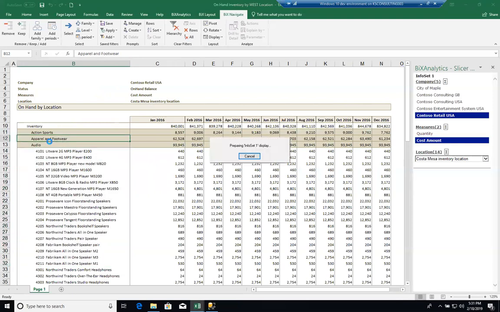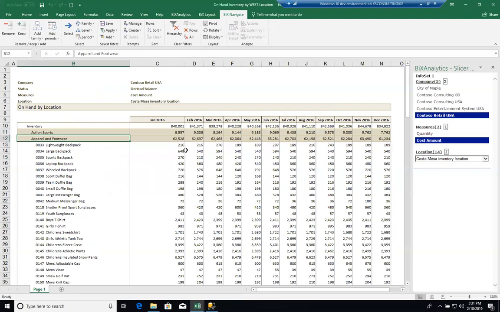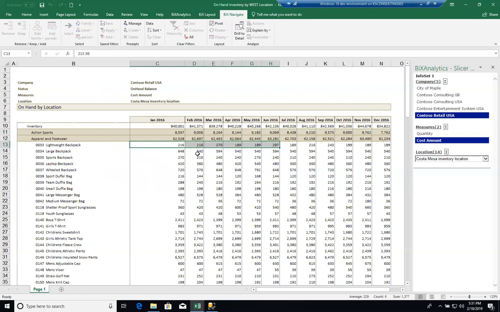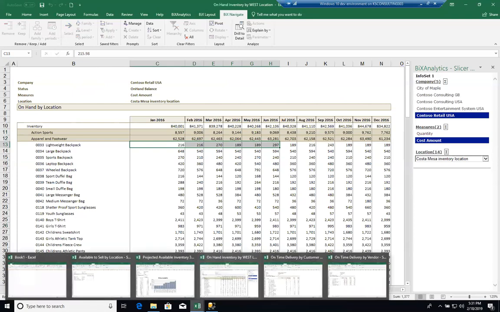And then, you know, also could have done apparel and footwear where I've got some changes that occur where lightweight backpacks have fluctuations in the inventory levels. But I can see the ability to look at this by location and then ultimately look at it by the specific items. And it's that kind of information that then allows for you to get into the available to sell.